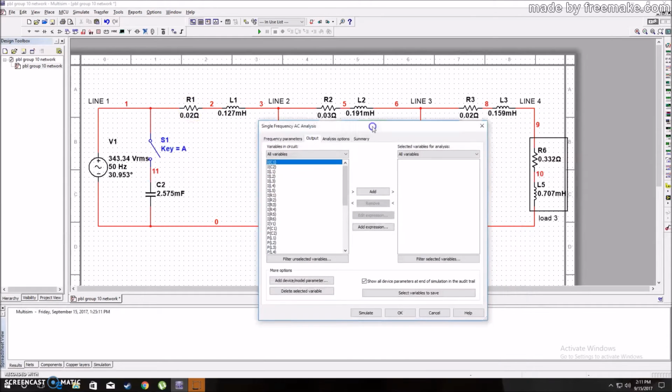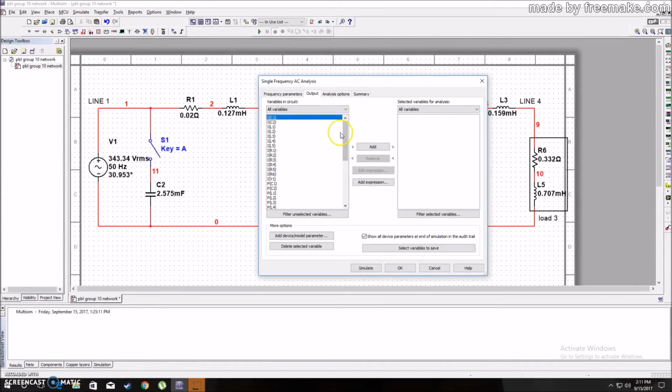So if you look through the variables, the current could be selected with the variable IR1, or we could choose IL1.